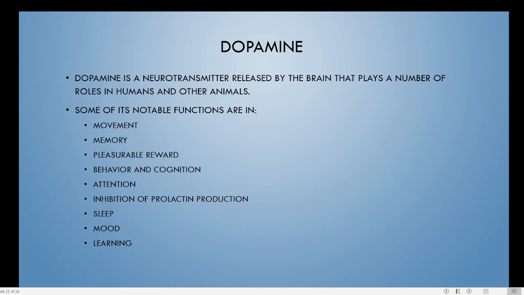So dopamine controls memory, pleasure, various behavioral activities, and attention. Any decrease in dopamine from its ideal optimum level will lead to severe deficiency in your life.